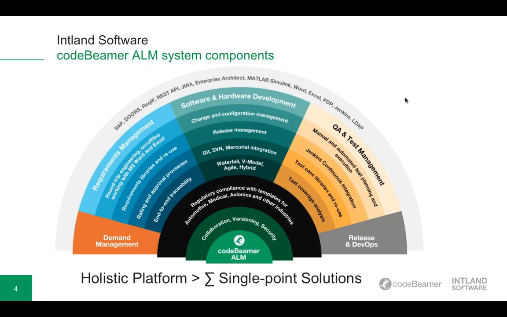And Codebeamer is a fully integrated and holistic application lifecycle management solution, which builds on a single repository, including five components or modules, such as requirements management. You can do software and hardware development in Codebeamer, continuous integration, QA and test management, also demand management, and IT operations, also known as DevOps.